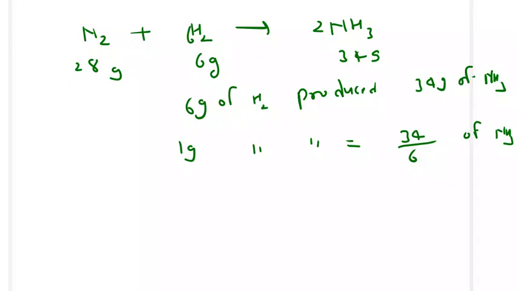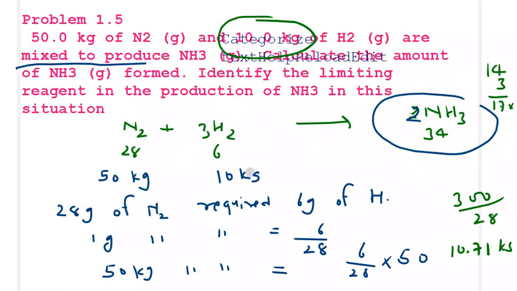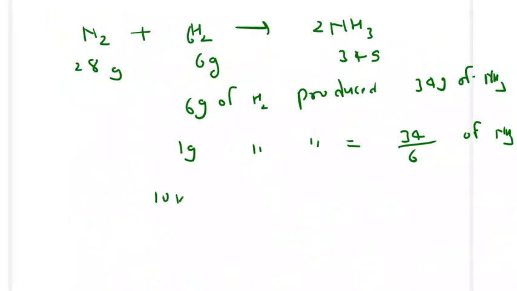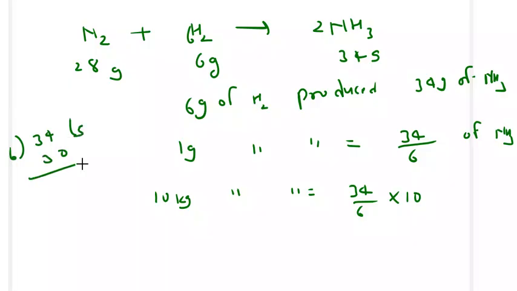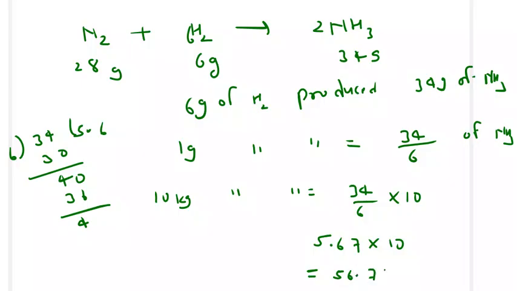In the question, the amount of hydrogen is 10 kg. 10 kg of hydrogen will produce 34 upon 6 multiplied by 10. 34 divided by 6 is 5.67, multiplied by 10, which corresponds to 56.7 kg.